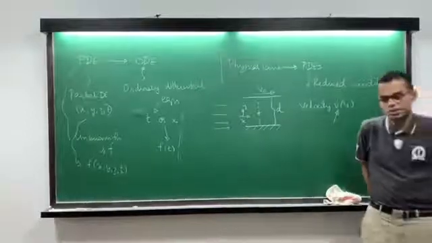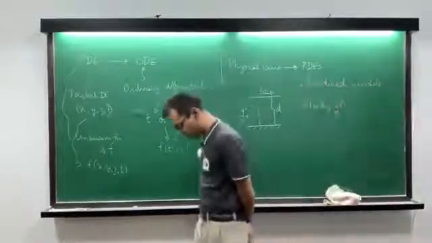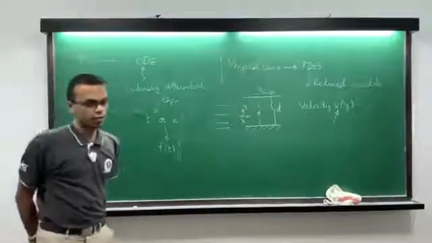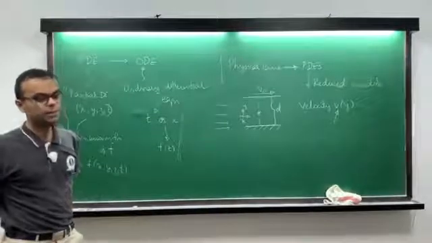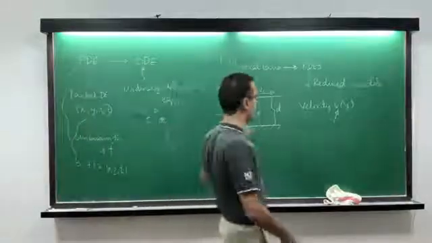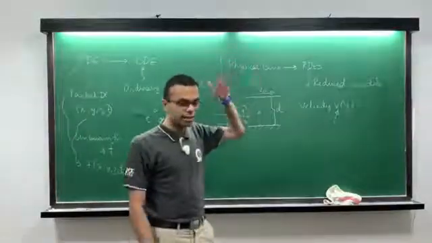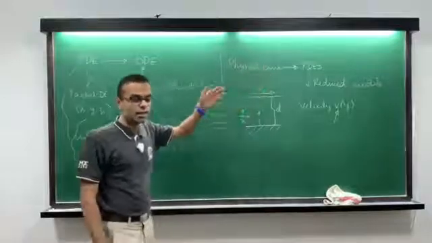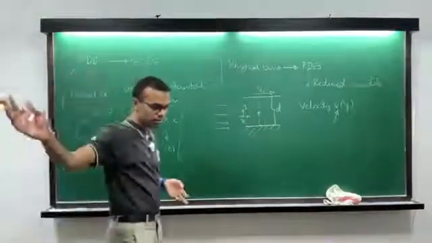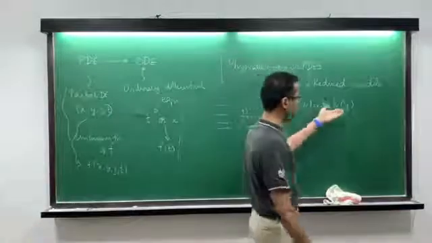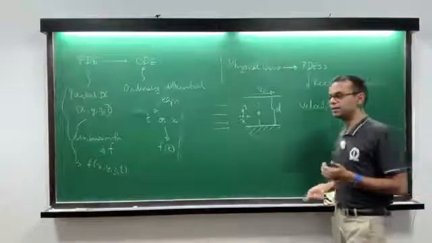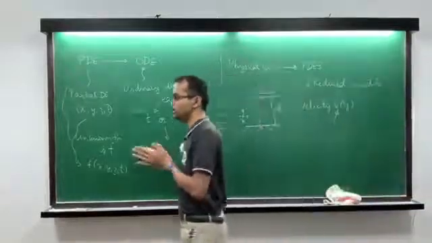So these are situations where the physical laws are written in terms of PDEs again, but then the actual solution of interest is obtained by reducing that PDE to an ODE by getting rid of some terms. If you look at steady state, then you're basically saying the time derivatives are 0, nothing changes with time. So the time derivative part of the PDE just goes away, and the spatial part that remains is what you will get here. So that's another way you will end up with an ODE.